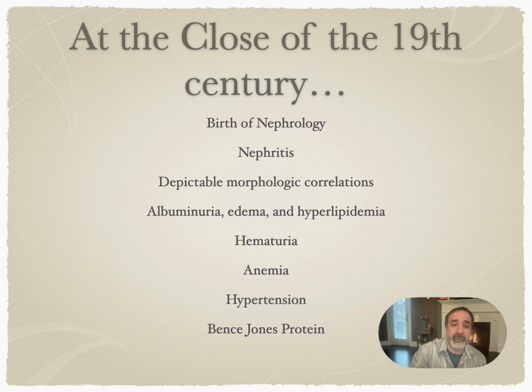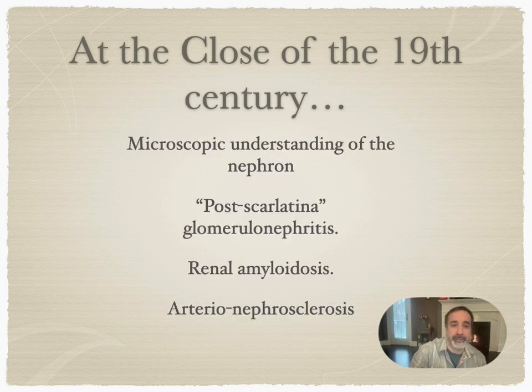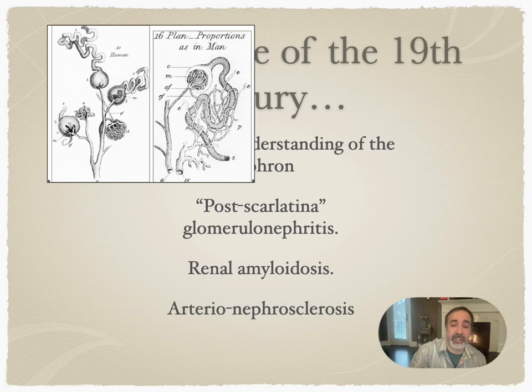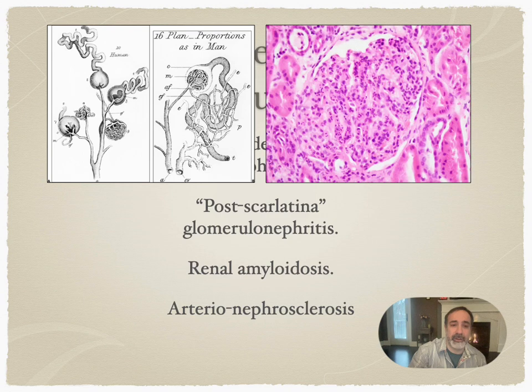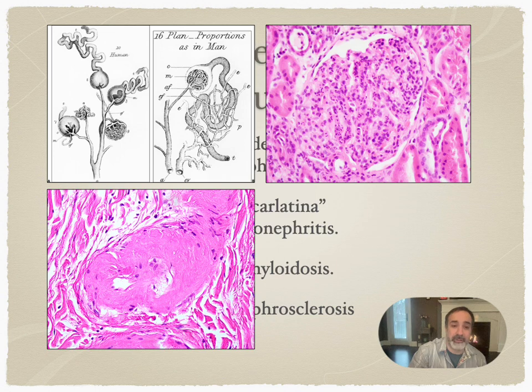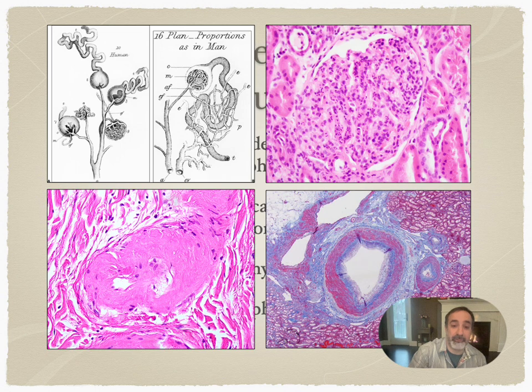We had demonstrated a relationship between kidney disease and albuminuria, edema, hyperlipidemia, hematuria, anemia, high blood pressure, and we had landed upon the Bence-Jones protein. We had a microscopic understanding of the kidney, and then through the microscope had observed several renal-associated diseases, including post-scarlatina glomerulonephritis, renal amyloidosis, and arterionephrosclerosis.